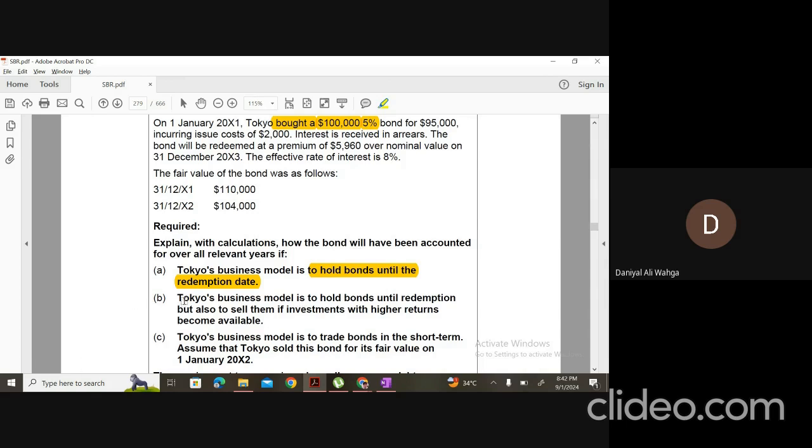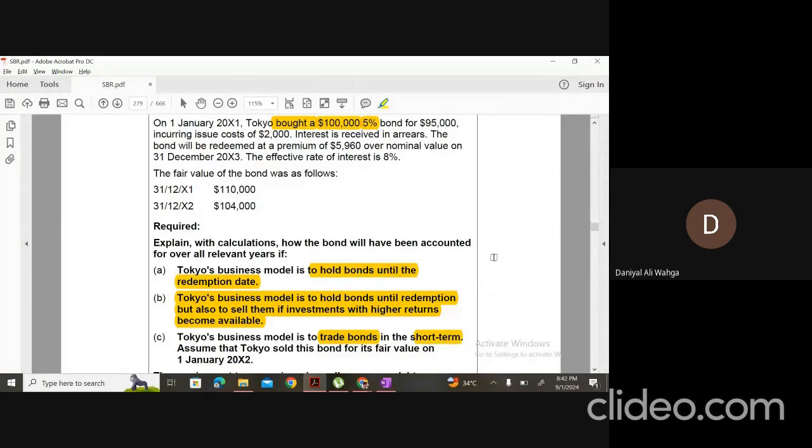The second scenario is that Tokyo's business model is to hold the bond until redemption, but also sell them if investments with a higher return become available. It means it wants to hold them, but they are also available for sale. And the third is that it is available for trading in the short run.